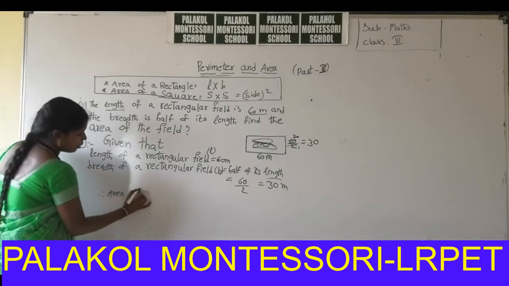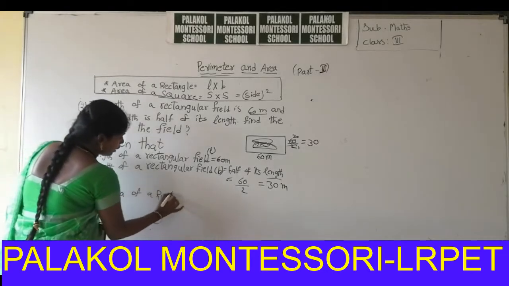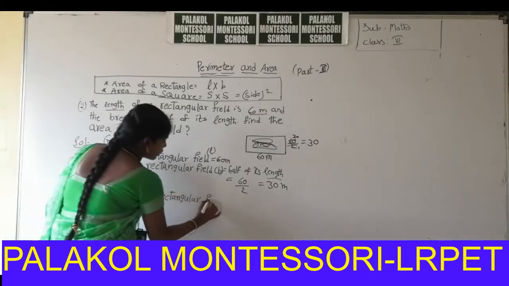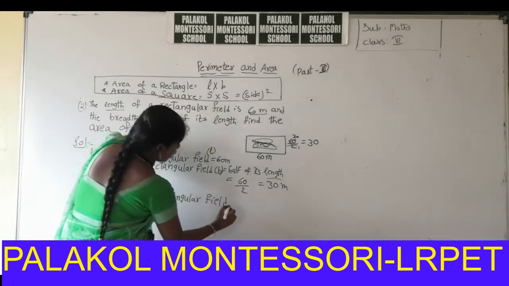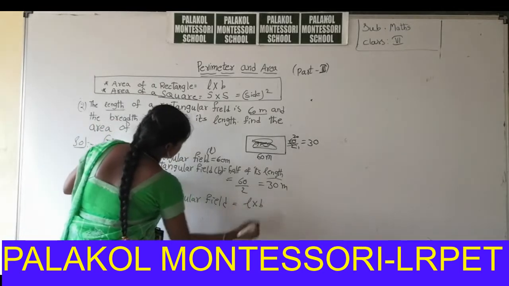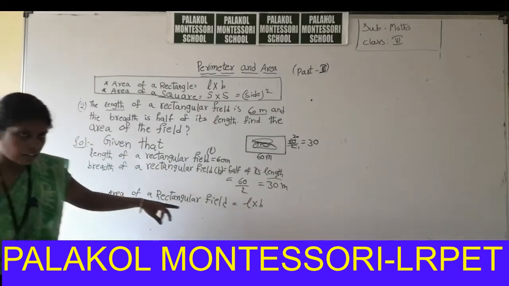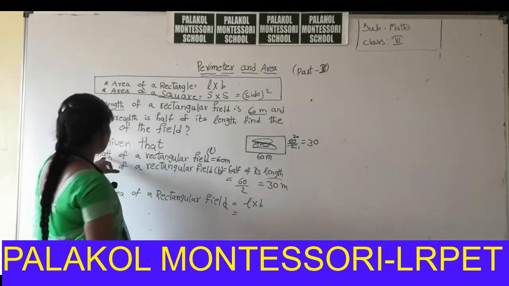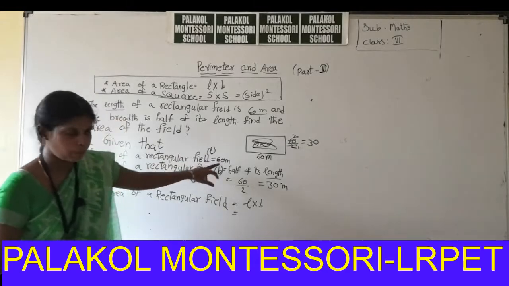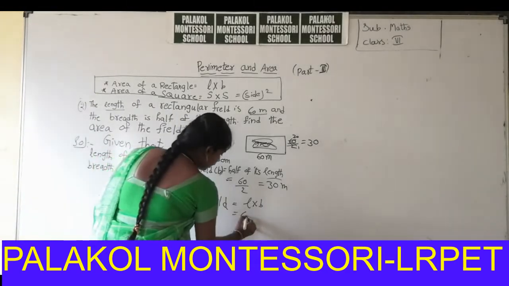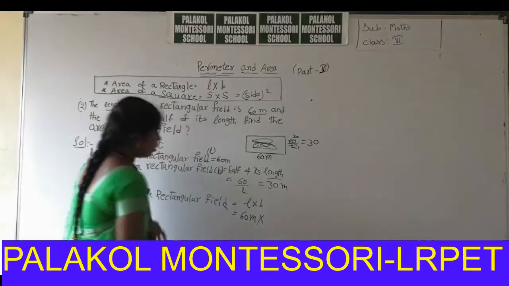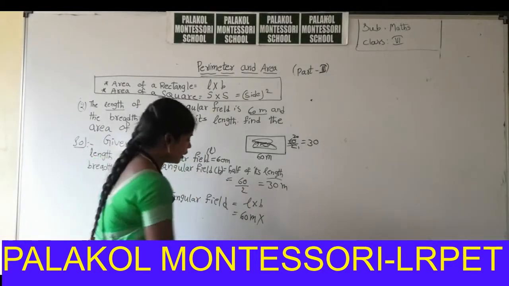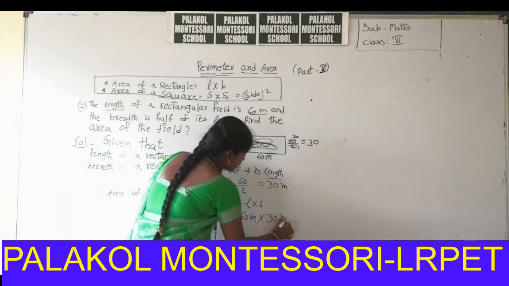Therefore, the area of a rectangular field is equal to, what is the formula? Length into breadth. What is the length? The length of the rectangle is 60 meters. So 60 meters into, what is the breadth? The breadth of the rectangle is 30 meters.